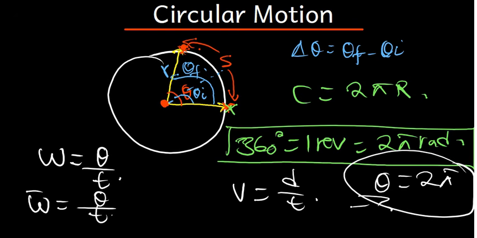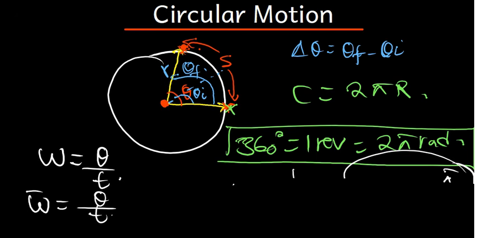Now let's talk about the angular acceleration. If we have velocity, we expect to have the angular acceleration. Angular acceleration is represented by the symbol alpha. Okay, so this is going to be the average angular velocity divided by the time.